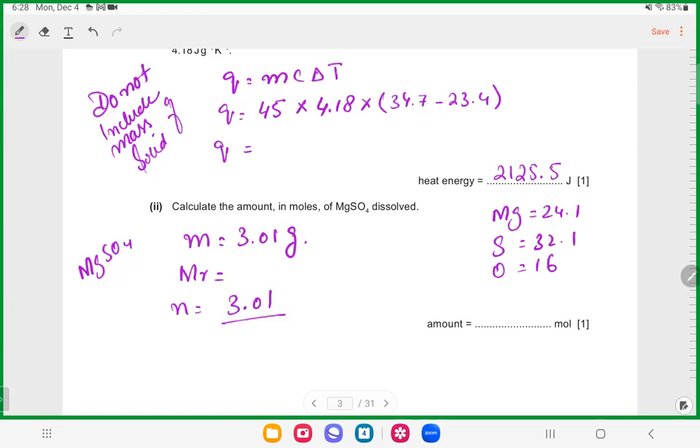We just have to add. 16 into 3 and 16 into 4 plus 32.1 plus 24. क्या हो गया भाई? 0.028. Are you sure? Give me a calculator.